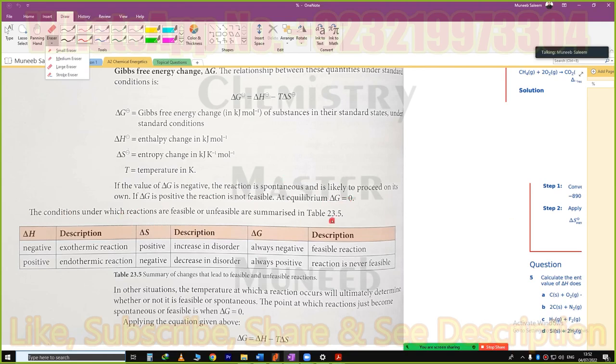They have summarized all the factors in this table: delta H, delta S and delta G. Putting all the values in this equation, what do you get?